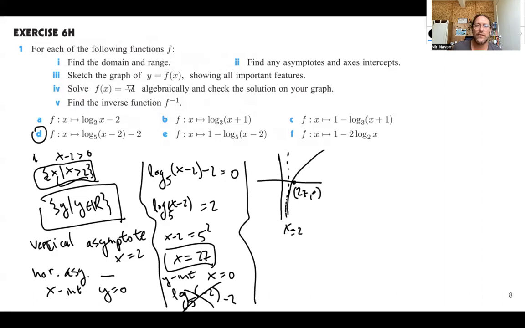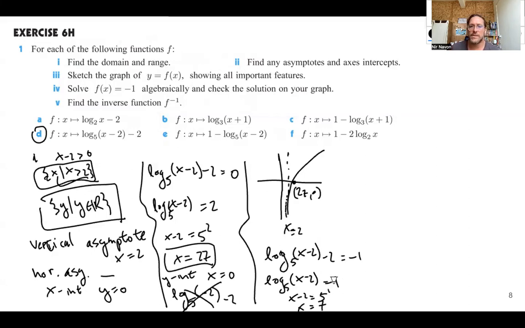Great. Solve f of x equals -1 algebraically and check the solution on your graph. So what we need to do is log base 5 of x minus 2 equals -1 in this case. This is like y equals -1. So x minus 2 equals 5 to the power of -1.